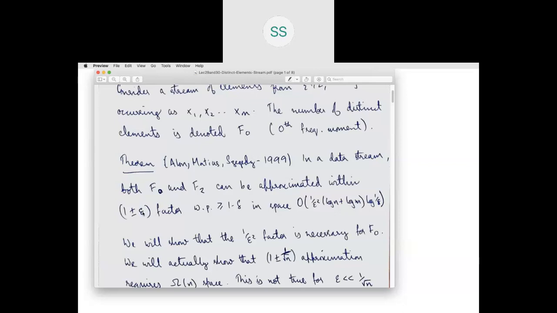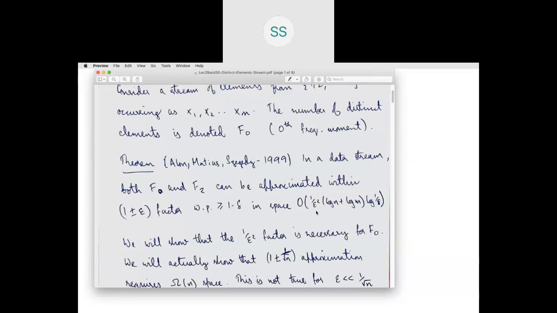Epsilon is the leeway that is being given for the approximation, and delta is the probability with which you can make an error. And this can be done in space (1 over epsilon square)(log n plus log m) times log 1 over delta. So notice that when you want a better approximation, the space requirement increases. And when you want a smaller error probability, that is delta is small, then again the space requirement increases.